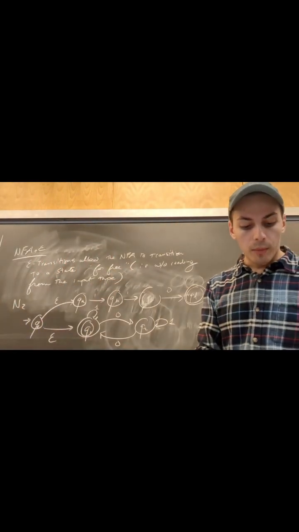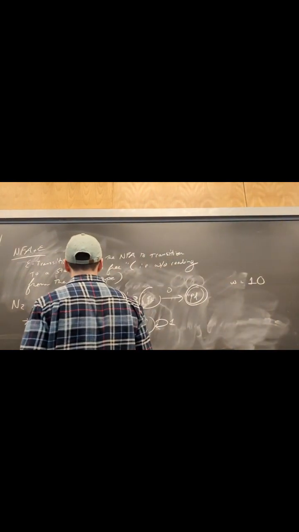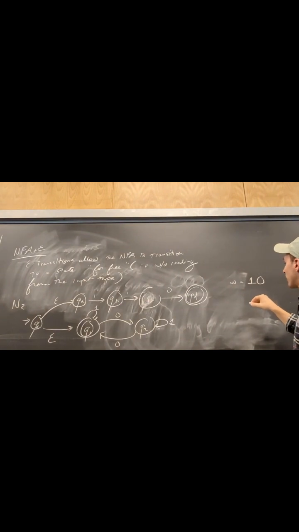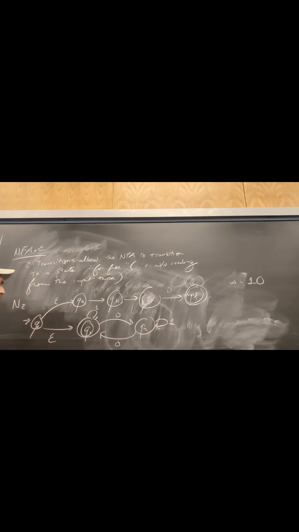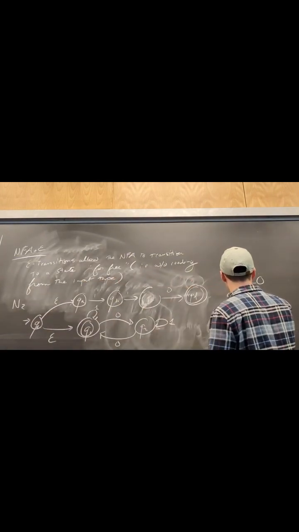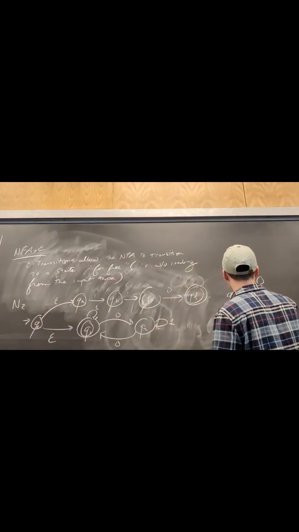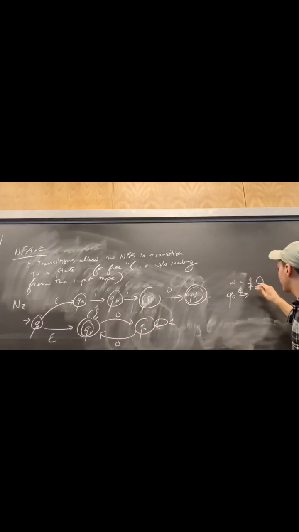So why would that be useful? Well, let's see. So I have W is 1, 0. So from Q0, my NFA can again guess and say, okay, I'm going to guess to go to QA. So it guesses without reading a string, so the pointer still stays at 1.